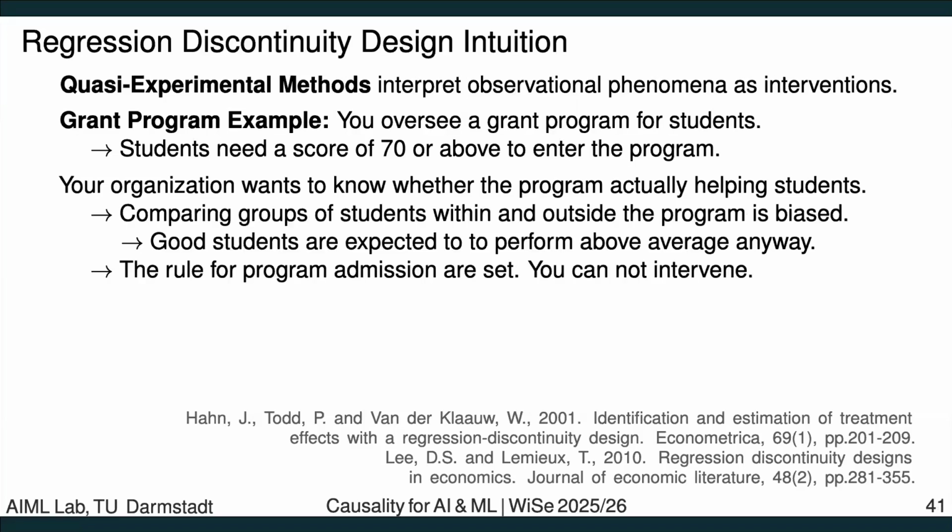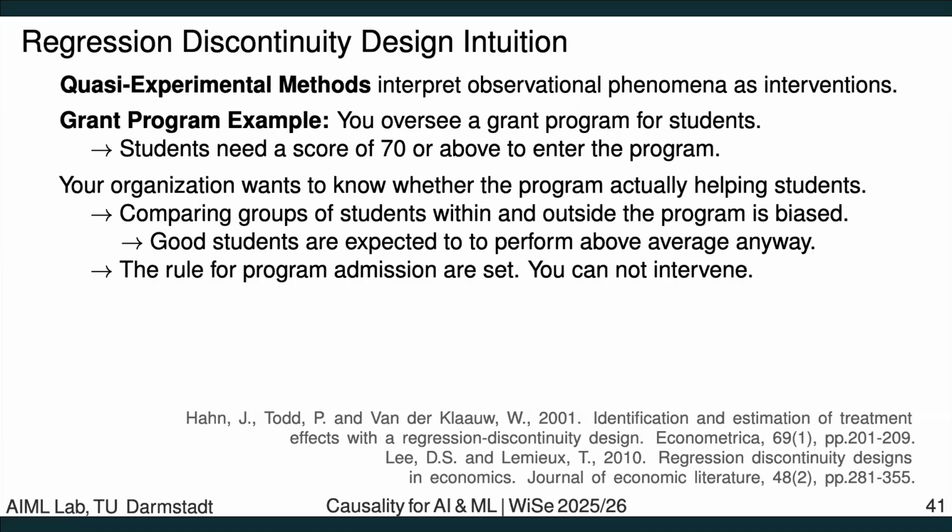Because usually if I compare groups of students within and outside the program, because that's what I observe, well, it's clear the good students are expected to perform above average anyway. So just making this comparison isn't fair because there is some inherent bias due to the way we select students into or out of this program.